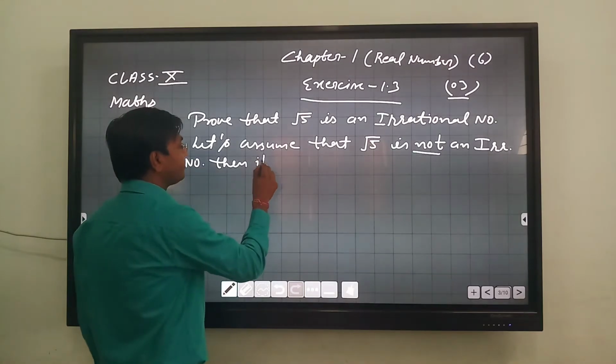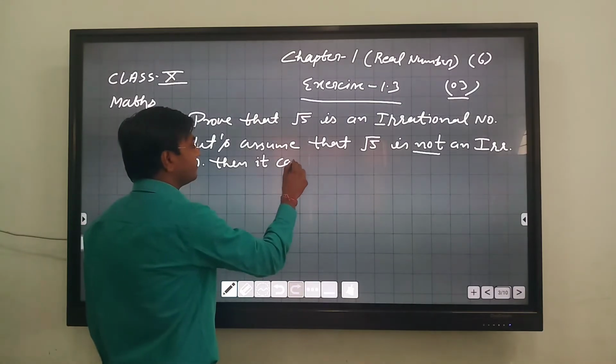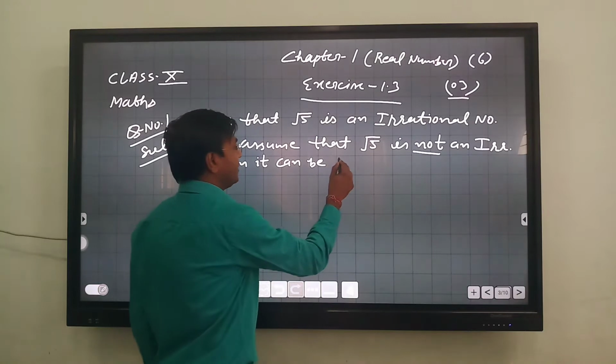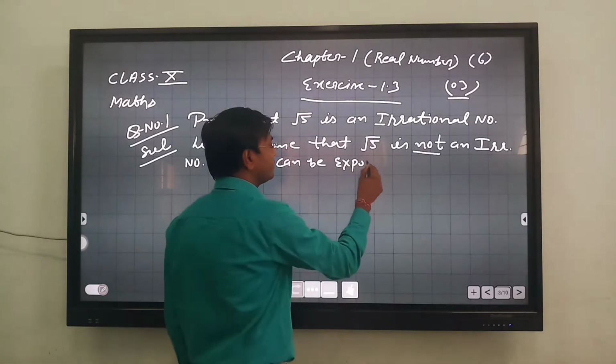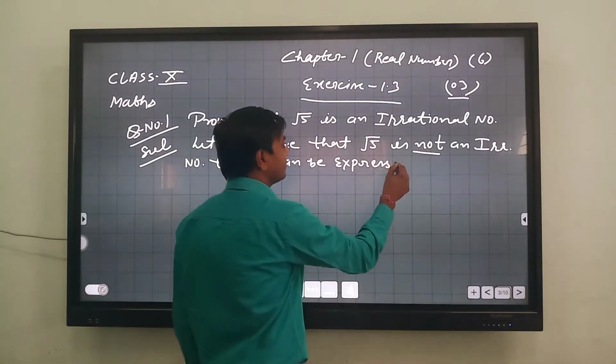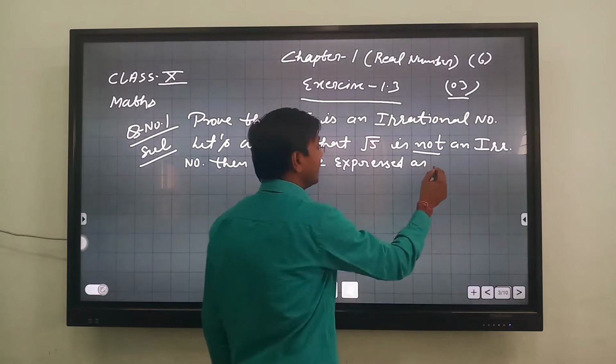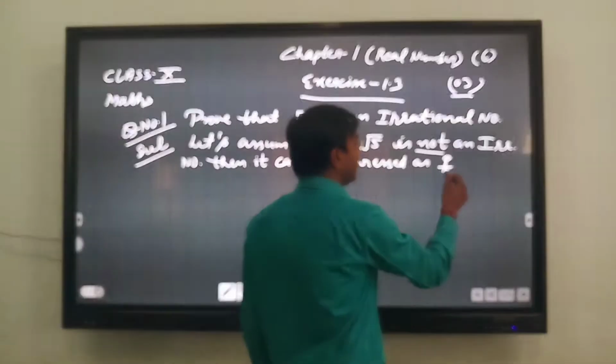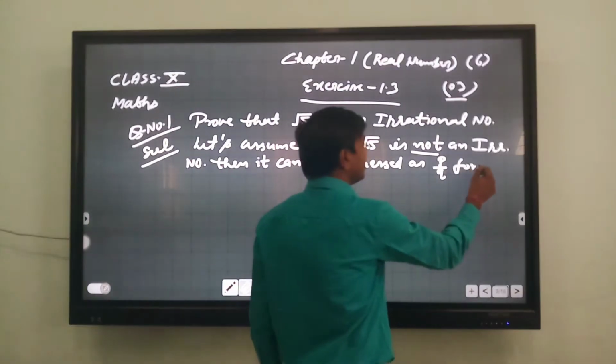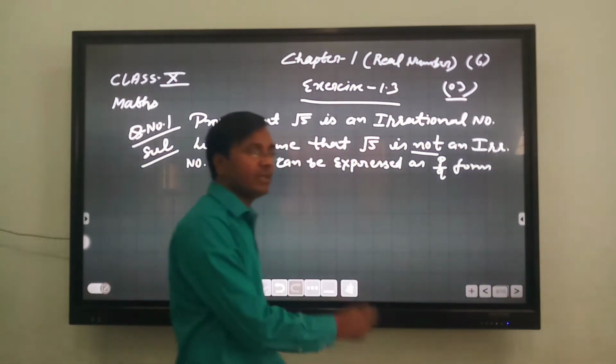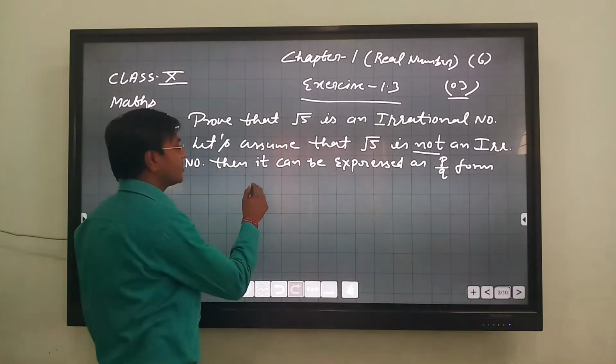Then this can be expressed in p by q form, because the number is rational.